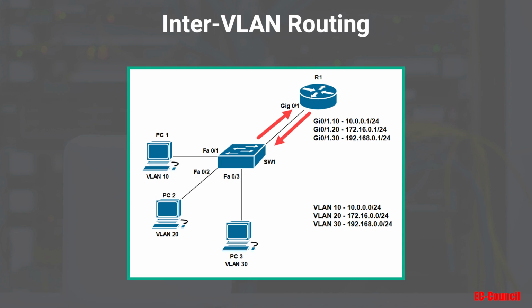So it's not using the physical interface, but it's using the logical interfaces that exist within the physical interface. Therefore it will come back down the same trunk interface back to Switch 1. Switch 1 will see that PC2's MAC address belongs to FastEthernet 0/2, therefore forward the traffic to PC2. And that's how the inter-VLAN routing process actually works.